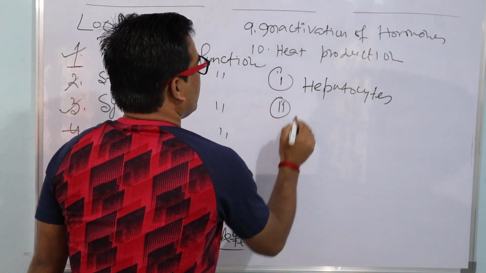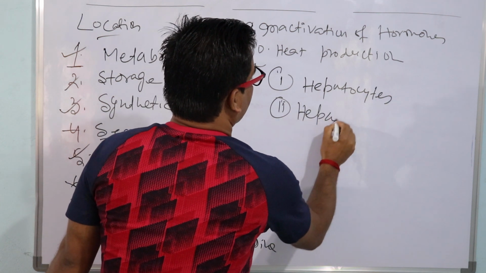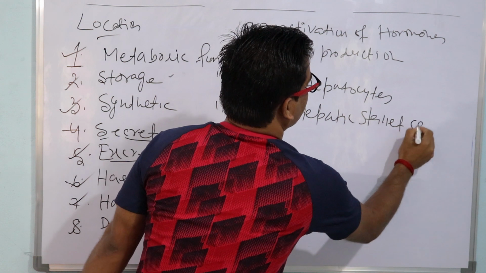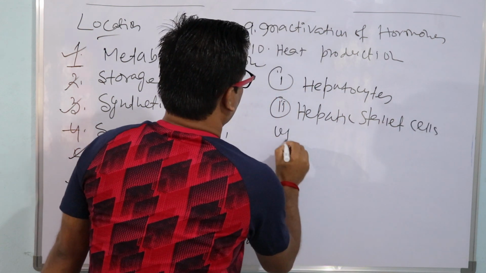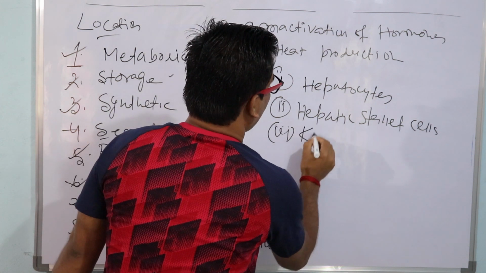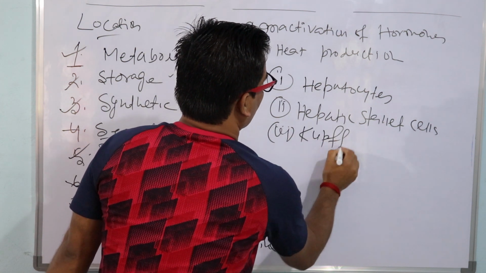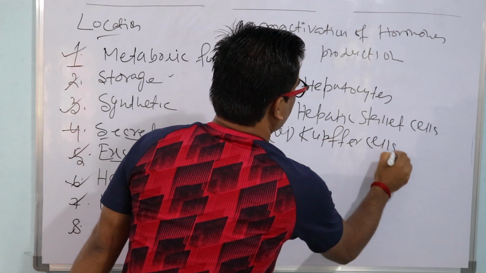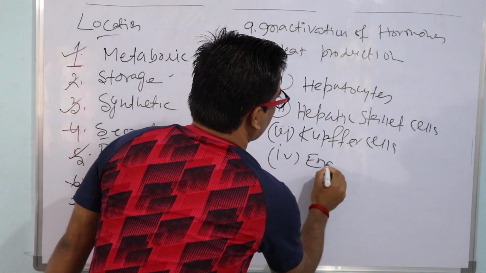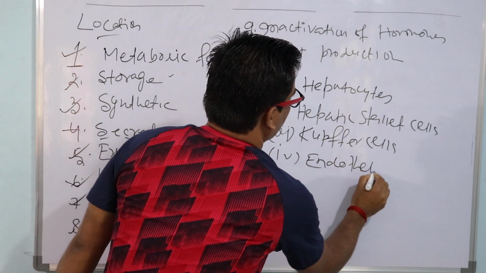Number 2, hepatic stellate cells. Number 3, copper cells. Number 4, endothelial cells.